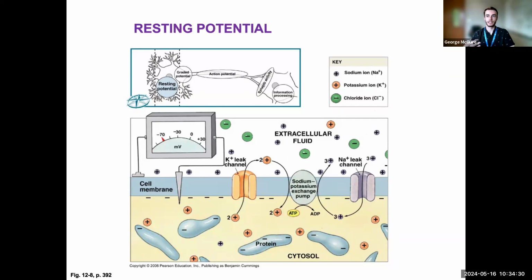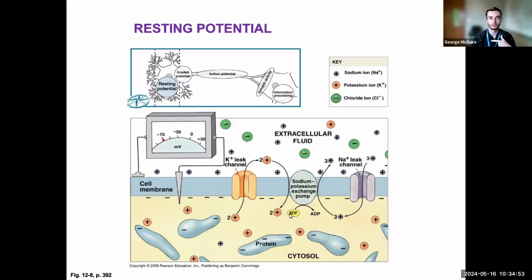So first off, this is where we're mainly going to be applying this idea of major extracellular and intracellular ions. Inside the cell, our major ions contributing to the potential are potassium. So these K+ ions, potassium is in higher concentrations inside the cell.